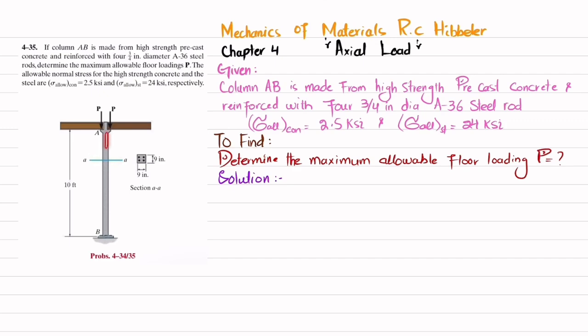You can see this is column AB that is made up of a concrete portion as well as 4 steel rods that are embedded in this concrete, and you have to find this floor loading P for the allowable stress in concrete and steel. So let's start with the solution. If you cut this column at any length and draw the free body diagram, let me draw the first free body diagram.